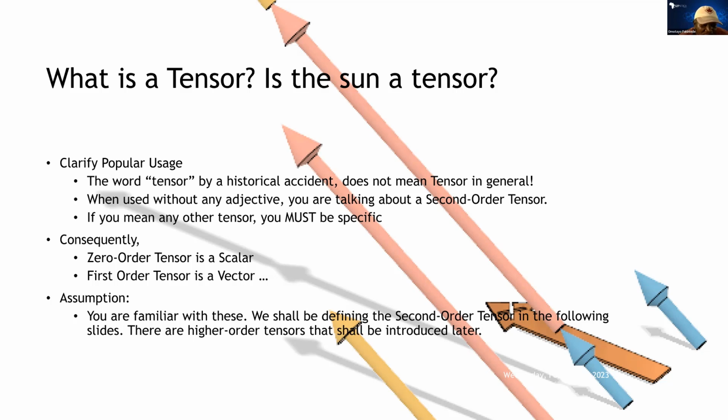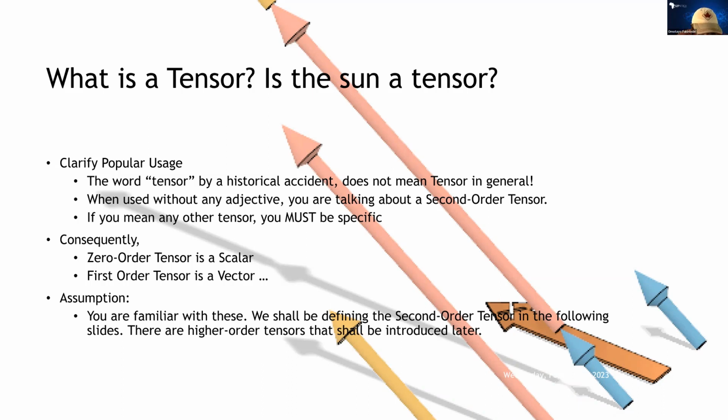But most of the discussion of vectors or tensors will be dealing with second order tensors. We will look at some important third order tensors and some fourth order tensors that will arise. But 95% of the time, when we are talking about tensors, we are dealing with the second order tensor.